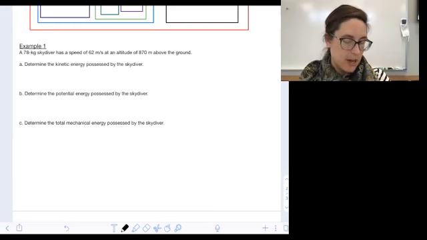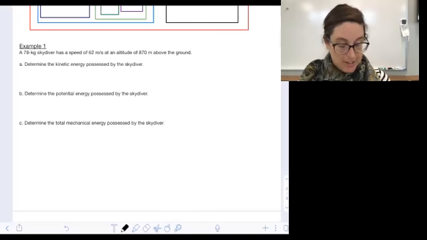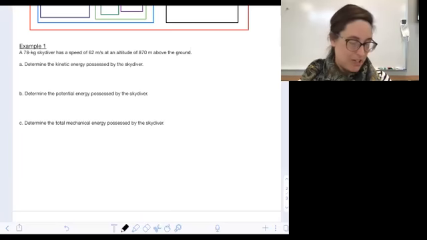Since we know that the skydiver is 78 kilograms and the speed is 62 meters per second, we can take out our calculator and get that the kinetic energy is 149,916 joules. It's a lot of joules of energy right there.